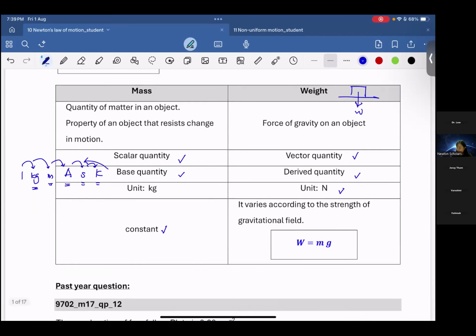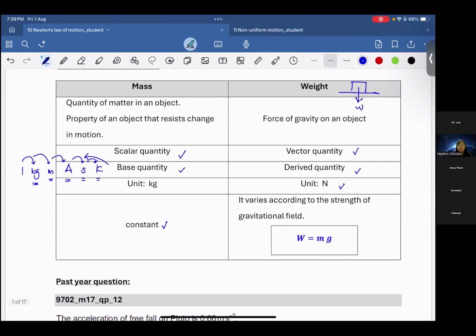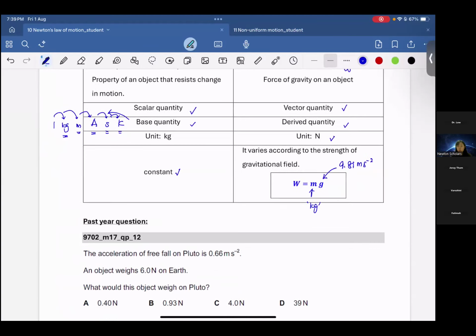Since weight is derived, it must be derived from base quantities. The formula for weight is W equals mg, where g is 9.81 meters per second squared. Remember, your mass must be in kg. For mass and weight, this is just a recall because we learned it already.